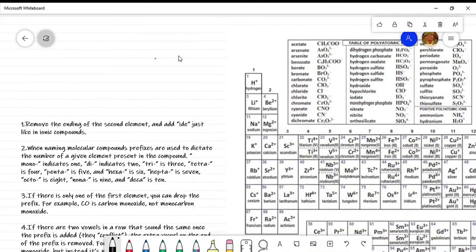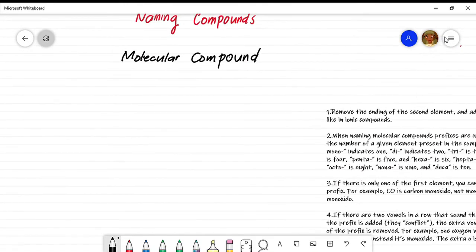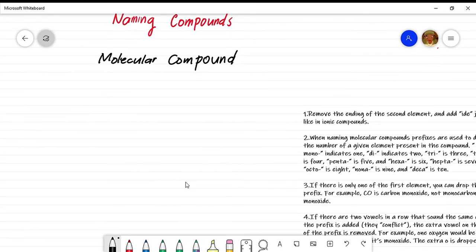So we'll look at other examples. I'm going to write some examples. We have the not so common ones. As before, we have P3N4. We have N2O, P4S10, and SF6.